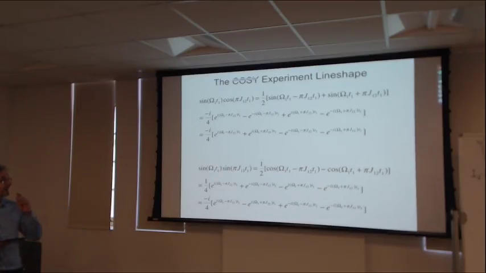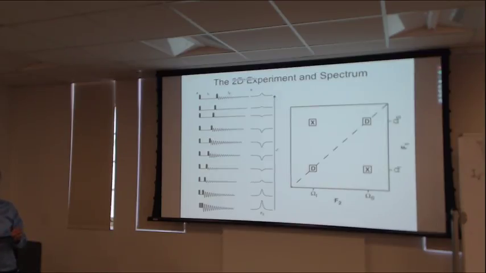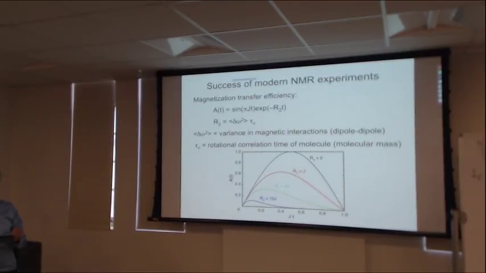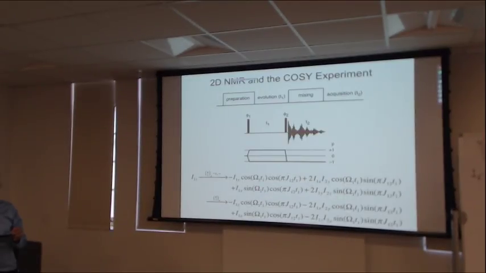But we'll talk about it here for the coziness. So in the direct dimension, we know what the line shape is. Here we've already worked out our rules. We know that this will be an in-phase absorptive doublet. We know here we're going to have an antiphase dispersive doublet.